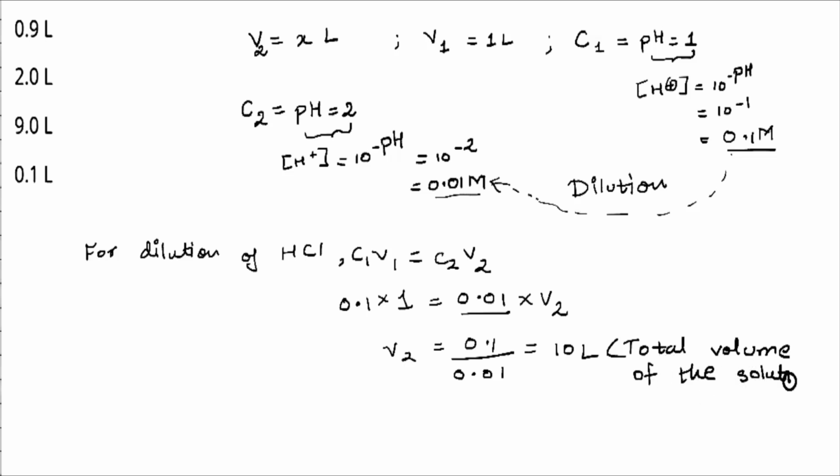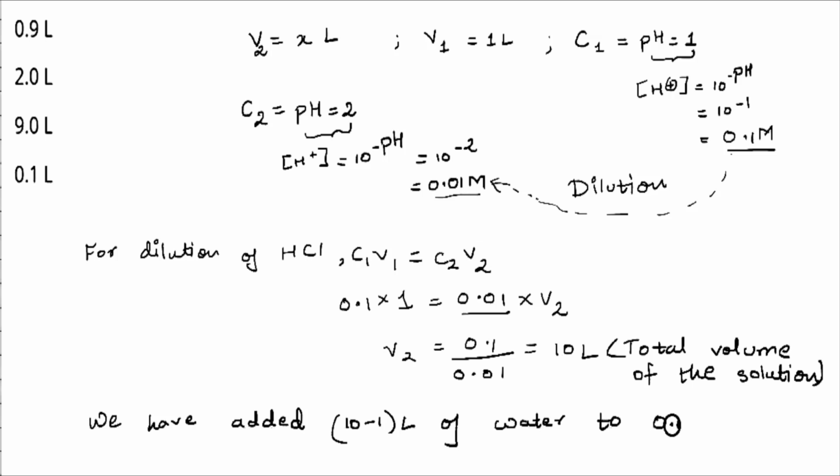So if it's the total volume, that means we have added 10 minus 1 liters of water to the 0.1 molar solution to make it 0.01 molar solution. Got the point?